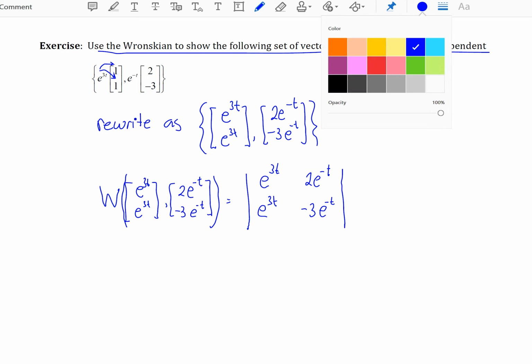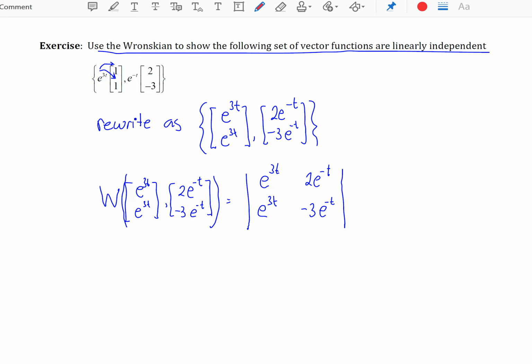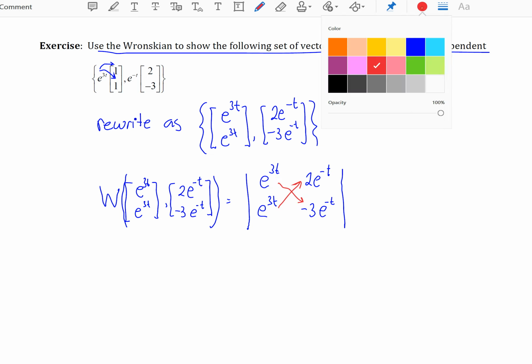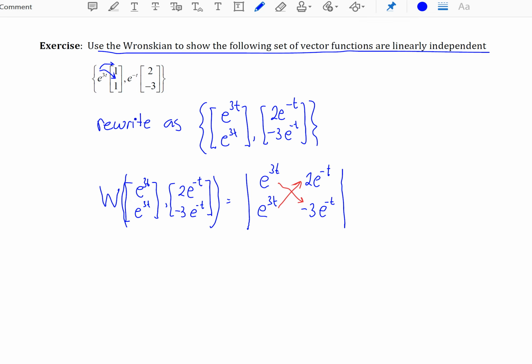And because our matrix ends up being a 2 by 2 matrix, we recall that the determinant of our 2 by 2 matrix is the product of the main diagonal minus the product of the off diagonal. So this will be e to the 3t times negative 3e to the negative t minus the off diagonal e to the 3t times 2e to the negative t.